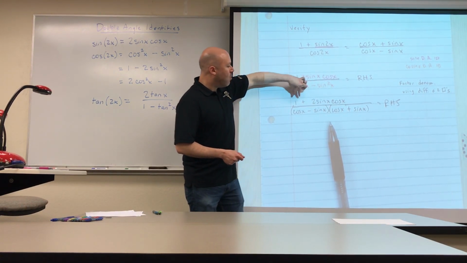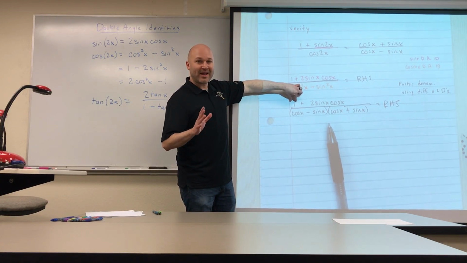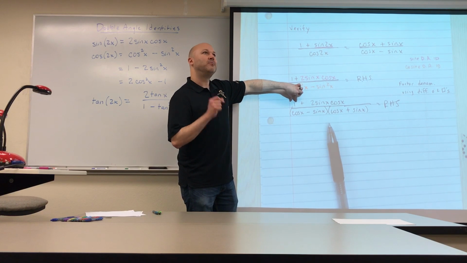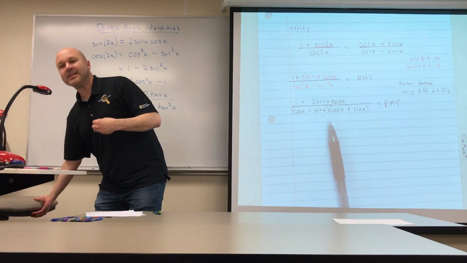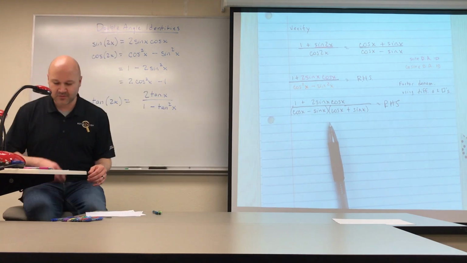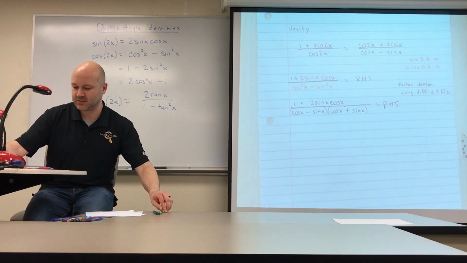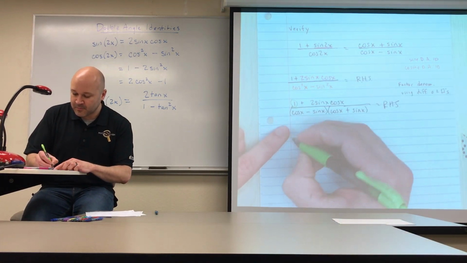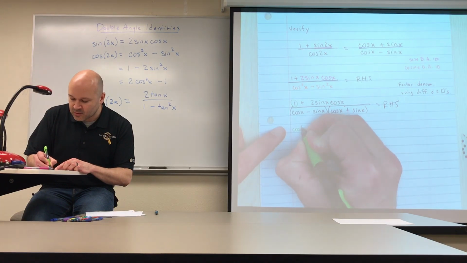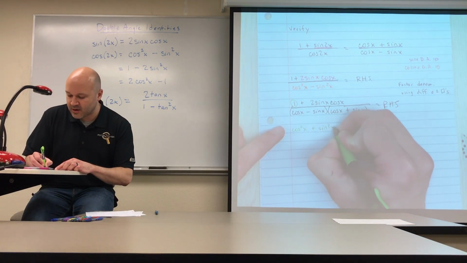I'm going to take this 1 and, using the regular Pythagorean identity, introduce some sines and cosines. That 1 I'm going to call cosine squared x plus sine squared x.